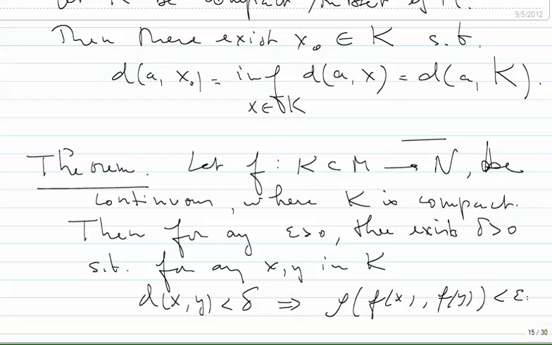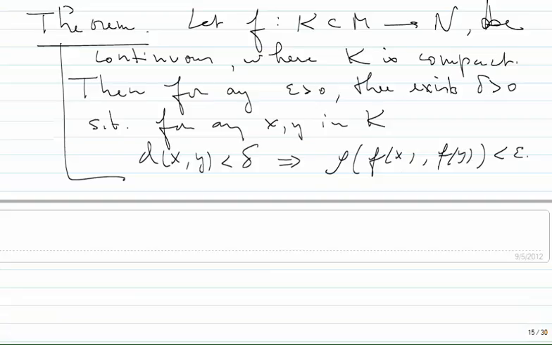So as you can see, the delta here is independent of the point where the continuity was considered. Okay? Proof, same as in the real line.